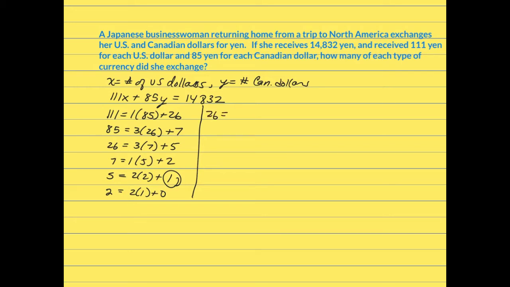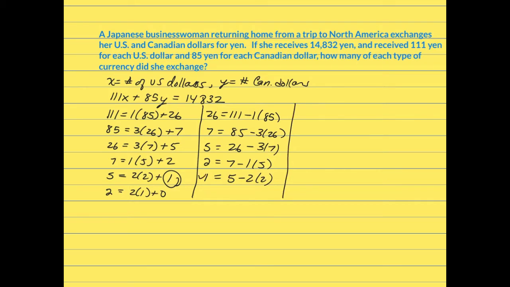So 26 is equal to 111 minus 1 times 85. 7 equals 85 minus 3 times 26. 5 equals 26 minus 3 times 7. 2 equals 7 minus 1 times 5. And finally 1 equals 5 minus 2 times 2.